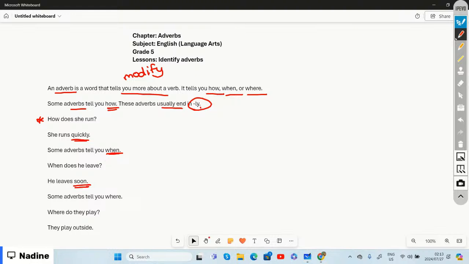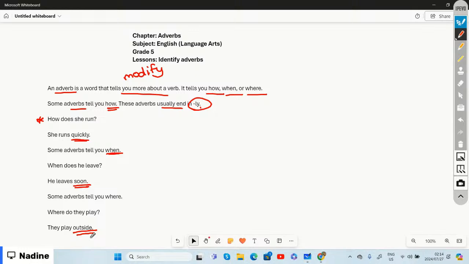And then our adverb is outside because the sentence says they play outside, which means that our adverb is outside. Play is our verb, outside is our adverb that tells us where they play. So once again, we can say that adverbs they tell us more about the verb. We can either say adverbs they describe the verb or they modify the verb, right? But it tells us more about the verb.